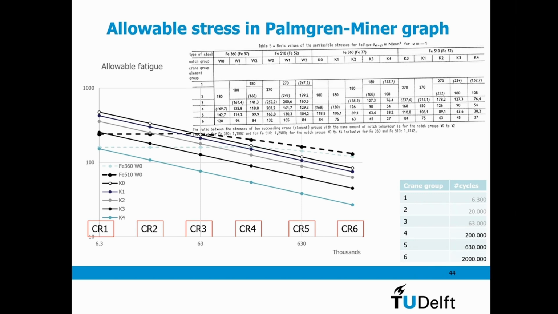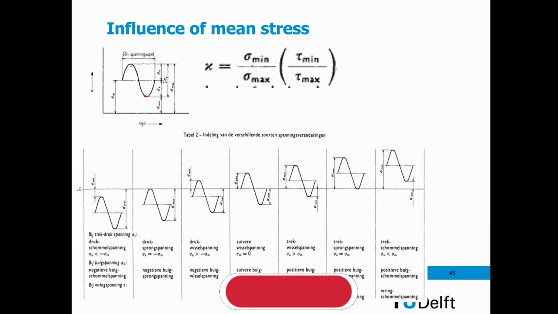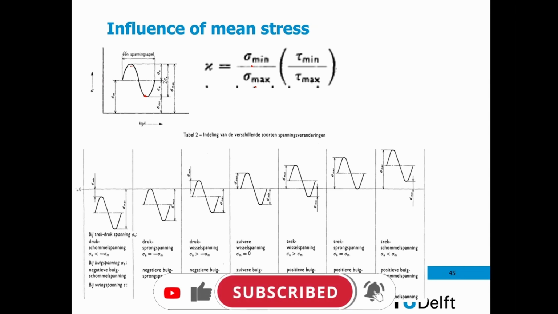So lifting appliances do have the same idea behind it, but it is in order to make the calculation process easier, the number crunching becomes harder, and the Palmgren-Miner graph is hidden. If you open that standard, the Palmgren-Miner rule with these classifications is not shown, although it is there.